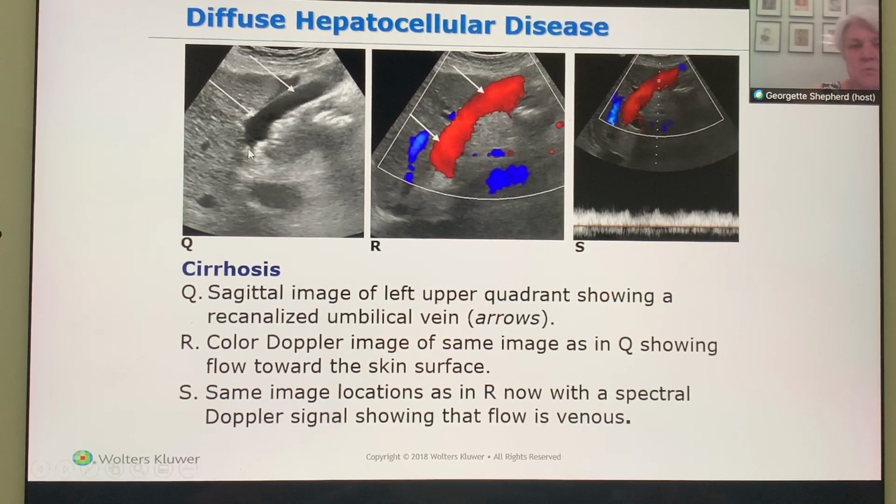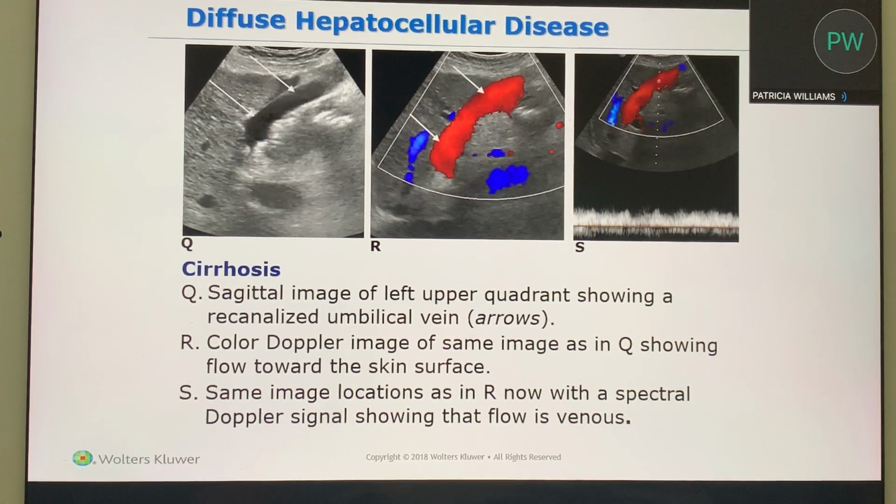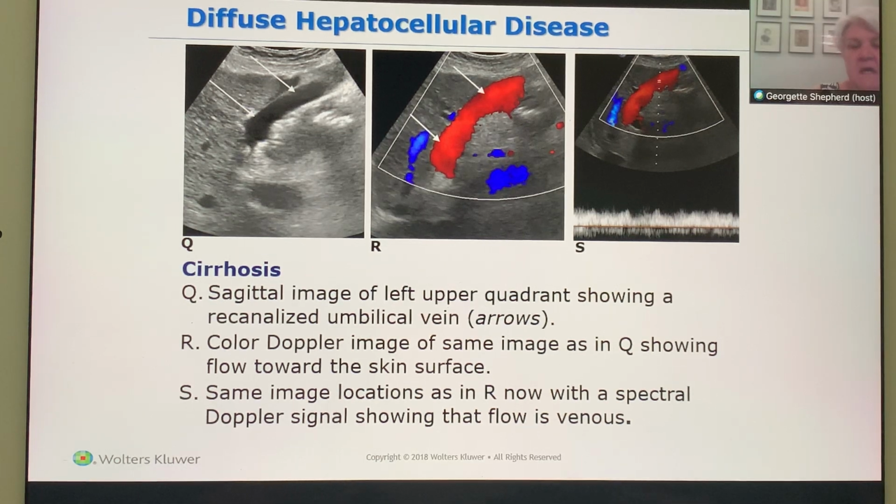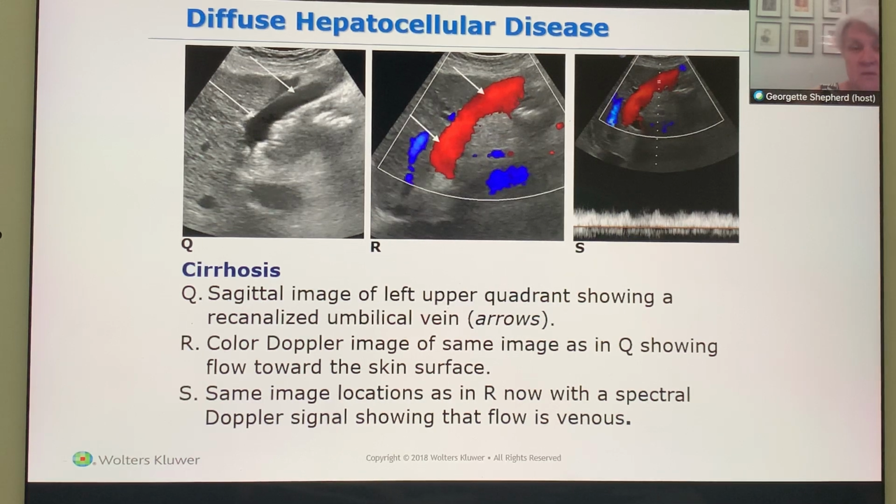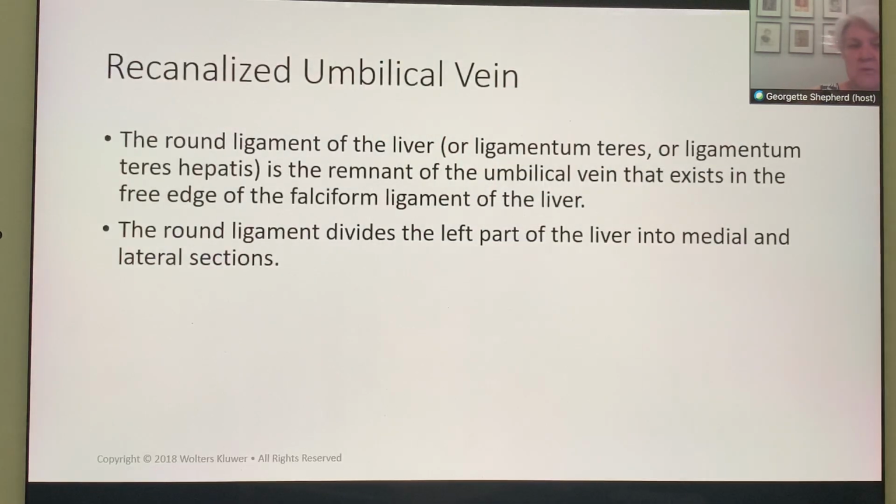Okay, so this is the falciform ligament. The falciform ligament is between the medial and lateral left lobes. Inside the falciform ligament, you have the ligamentum teres, and that is the remnant of the recanalized umbilical vein. It's also called the round ligament.